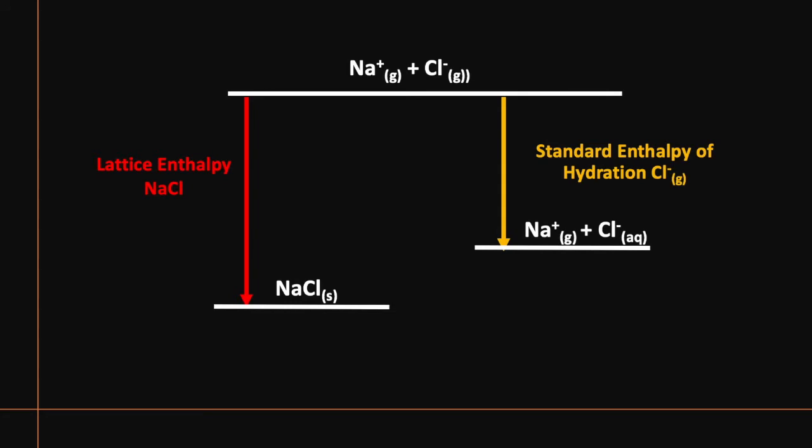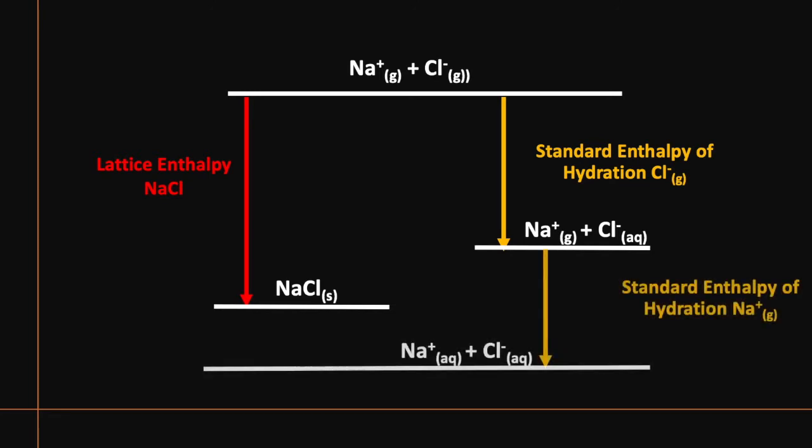We can work our way downwards the other side using the hydration of the two ions to give us the ions in solution, and then the difference between going from sodium chloride solid to the aqueous solution is of course the standard enthalpy of solution.